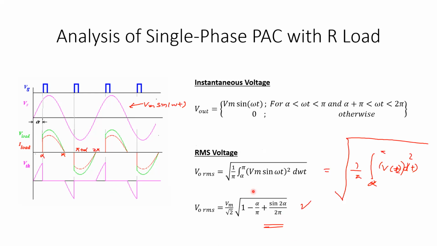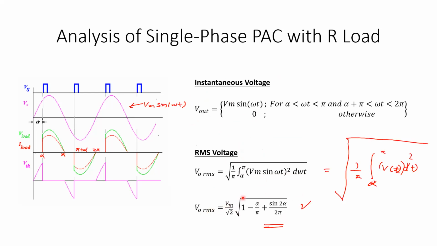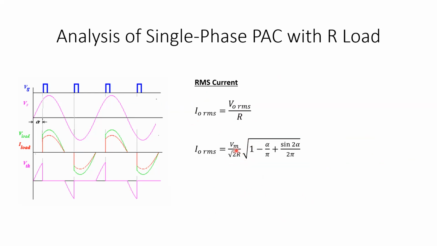Again, we have another equation, the RMS current. If you have Vout RMS, it is very easy to calculate Iout RMS, just divide it by R. This is the same circuit, same equation, and there's R here. That's the only difference.